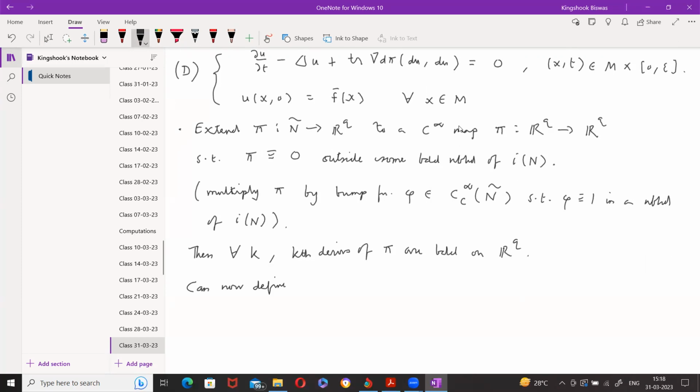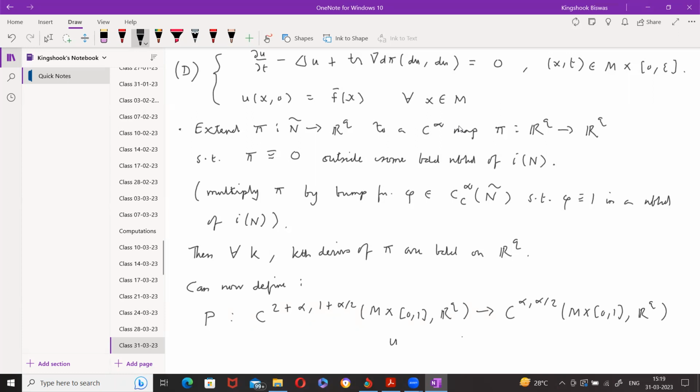Therefore I can define a map P from C2 plus alpha, comma 1 plus alpha by 2 of M cross 0, 1, RQ, to C alpha, comma alpha by 2 of M cross 0, 1, comma RQ. Okay. This is the map.